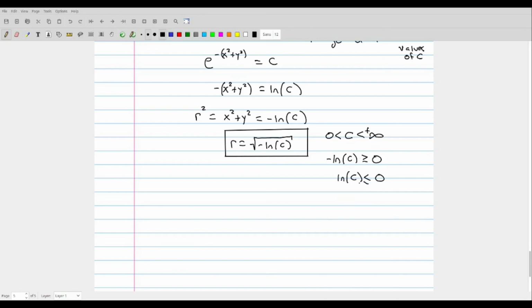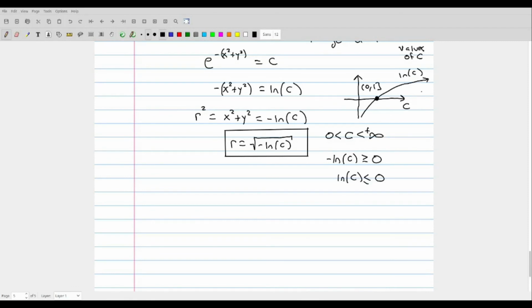What that means then is that, if you look at the graph of the natural log function, if the natural log of c is less than or equal to 0, that means that c has to be between 0 and 1. So this gives us a restriction for c.